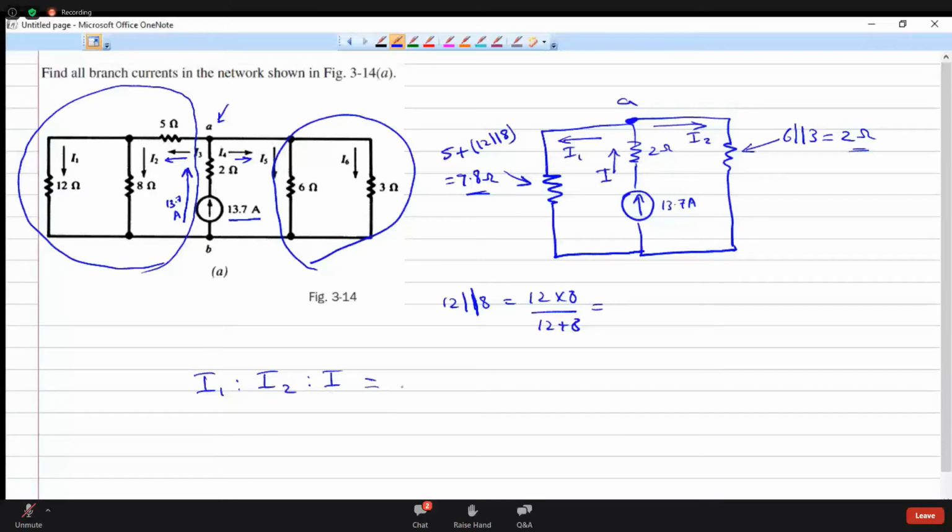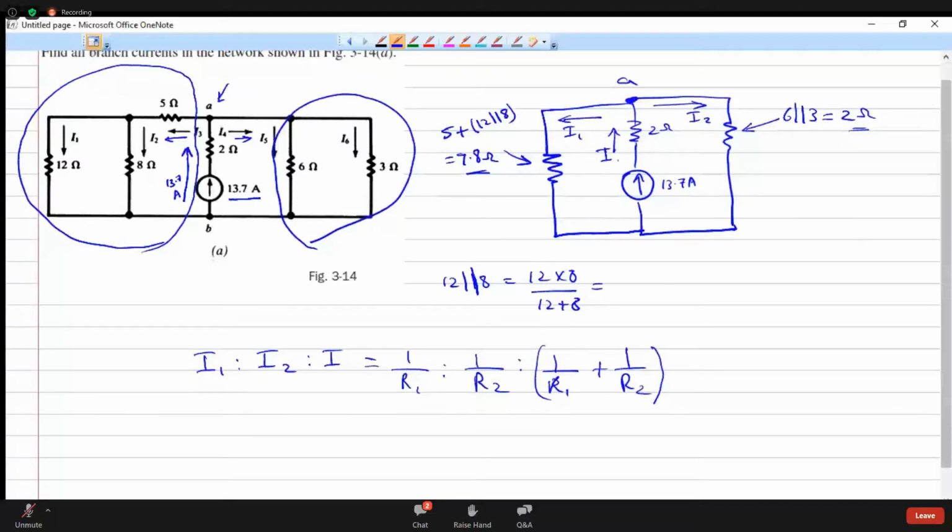That should be equal to 1 by R1 is to 1 by R2 is to 1 by R1 plus 1 by R2. So this we call R1 and this we call R2.